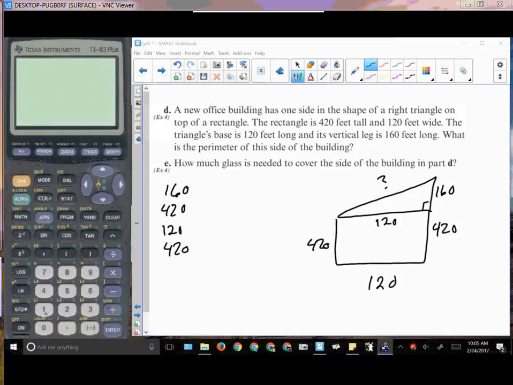So that means that it would be 120 squared plus 160 squared is that. And so that means I got 200. So that squared is 200, so we got 200 down there. So that means 200 plus 420 plus 120 plus 420 plus 160. 1,320. Did we get that?